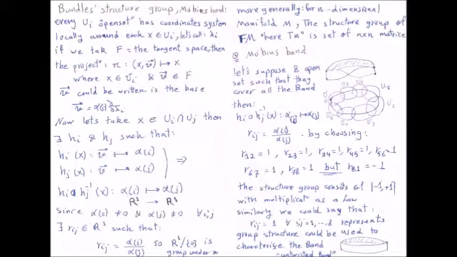That means when we want to connect the two ends of the band, we invert it. This structure group has two elements, just 1 and -1, and under the multiplication law, it is a group, as we see.